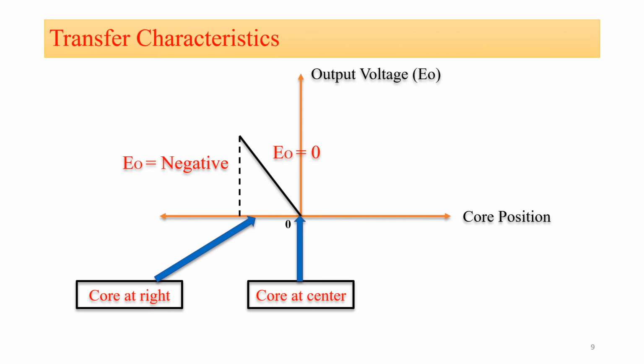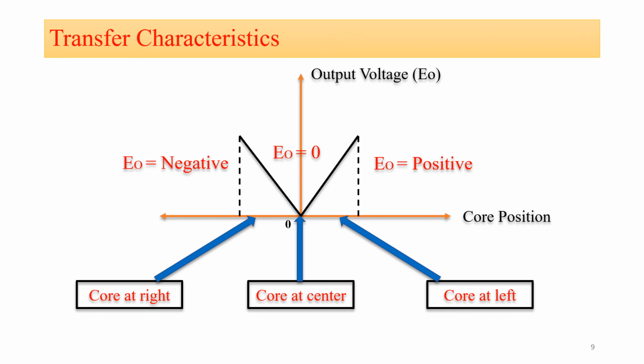When the position of the core is at right, the total EMF induced in secondary winding 2 is greater than that induced in secondary winding 1. That's why our total EMF will be negative. In the characteristics you will observe that when the core is at right, our output voltage, or total EMF, will be negative.